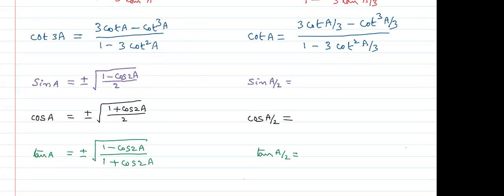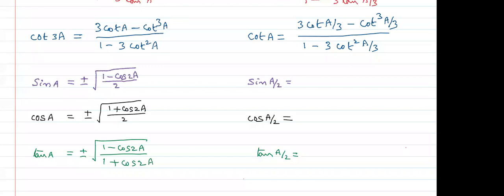By observing the quadrant: first quadrant means take all positive. Second quadrant means sin positive, cos negative, tan negative. Third quadrant means tan positive, sin and cos negative. Fourth quadrant means cos positive, remaining sin and tan are negative. By observing the quadrant, we can take the plus or minus.